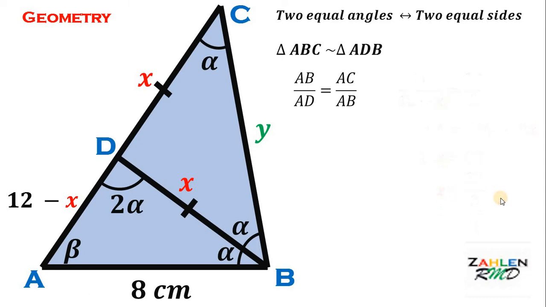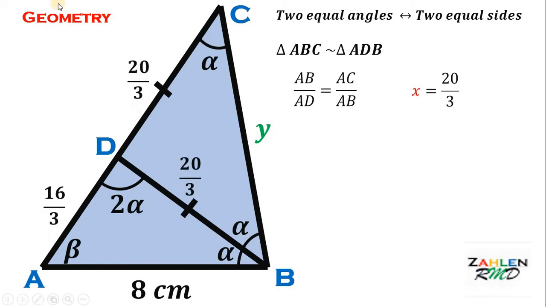Now, keep in mind that x must be equal to 20 over 3. In our figure, we can now replace the variable x, because we know x is simply 20 over 3. Therefore, this is 20 over 3, this is just 20 over 3, and this segment must be equal to 12 minus 20 over 3, or simply 16 over 3.